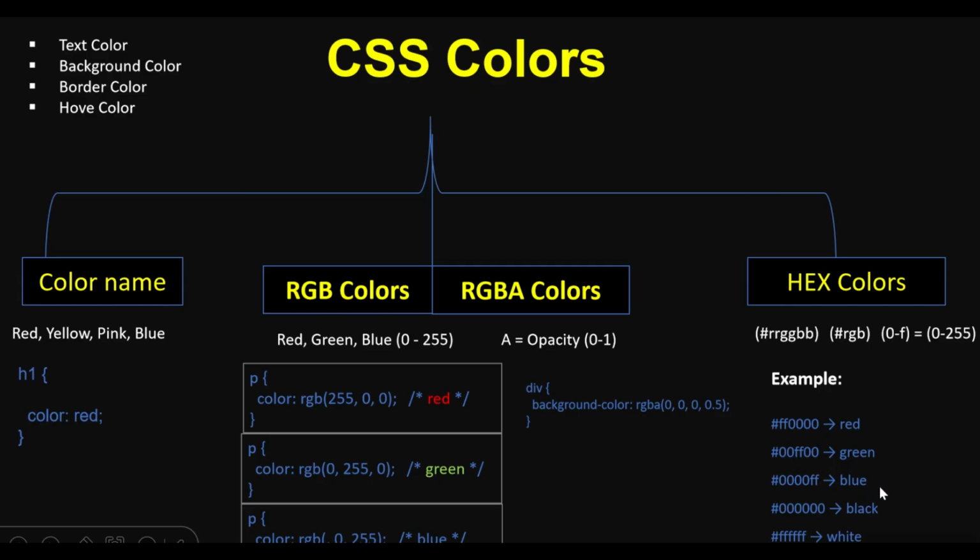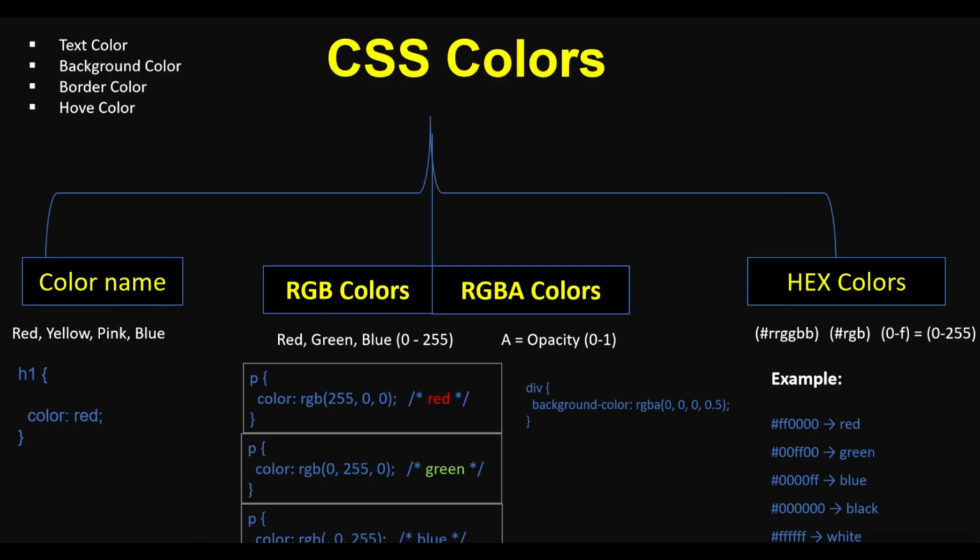And the same is the case in blue: the red and green values are 0 and the blue value is maximum. In short form, you can just write 00F, and in 6 digits you can write 0000FF. Black is all 000s, and for white all are FFF.